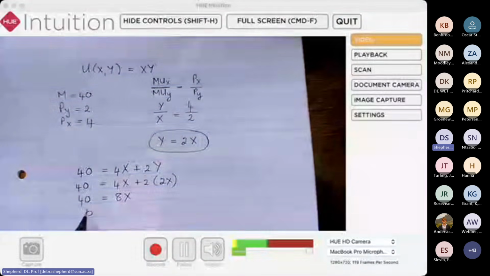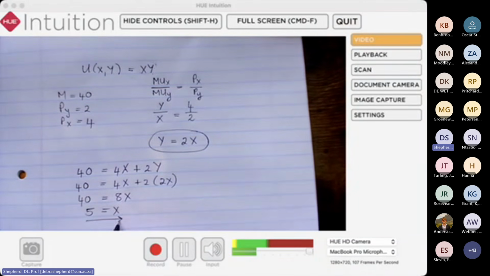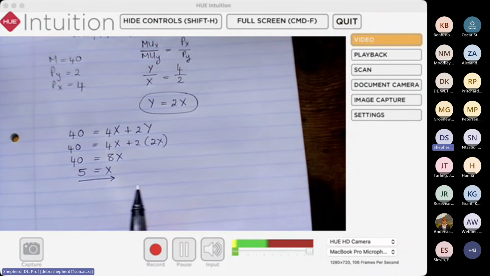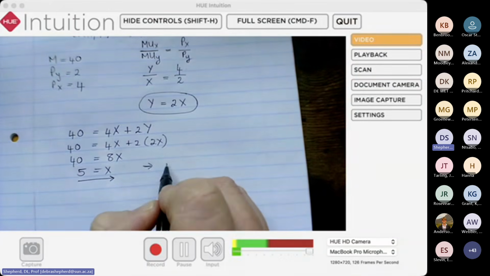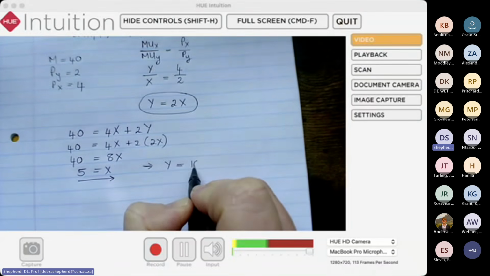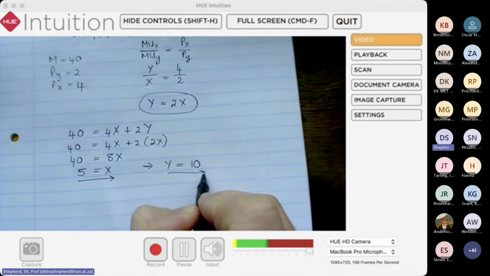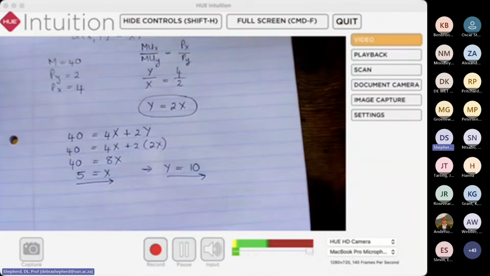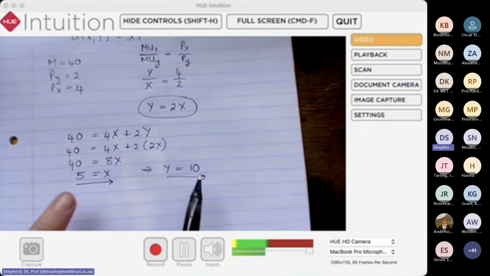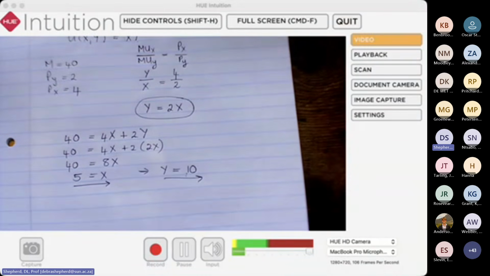And that means that x is 5. And if x is 5, it must then mean that y is 10, because I'm going to consume twice as much x in the form of y. So this is the best affordable bundle of Louise, initially, for her given income, preferences and the prices of X and Y.